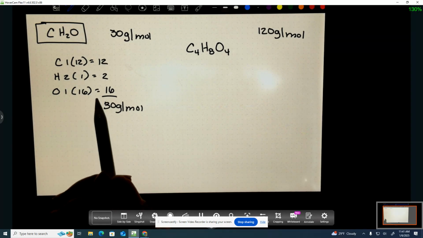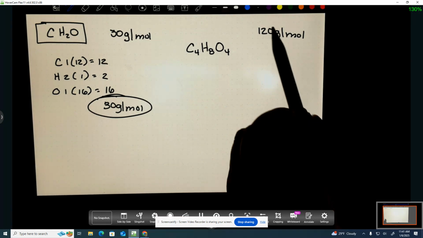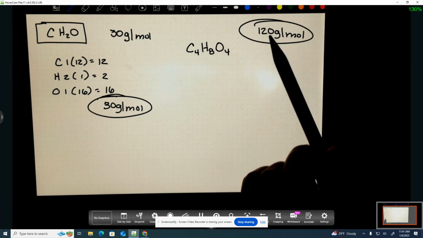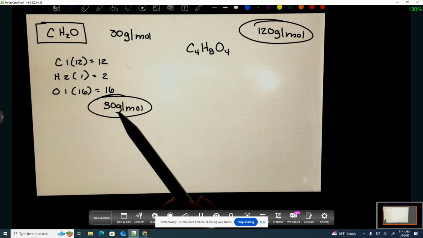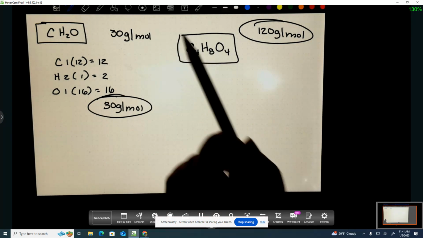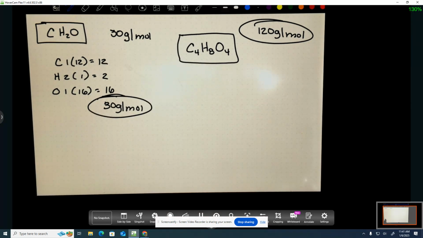If you know that the lowest one has 30 and the one you're looking for is 120, 120 is 4 times bigger than 30, so my molecule has to be 4 times bigger than this empirical formula. Capiche?